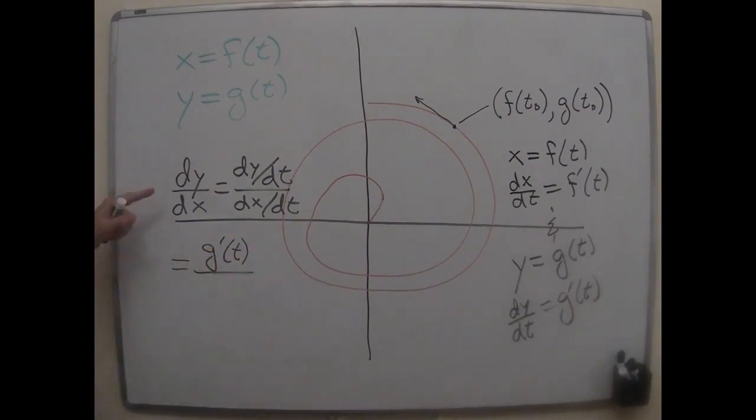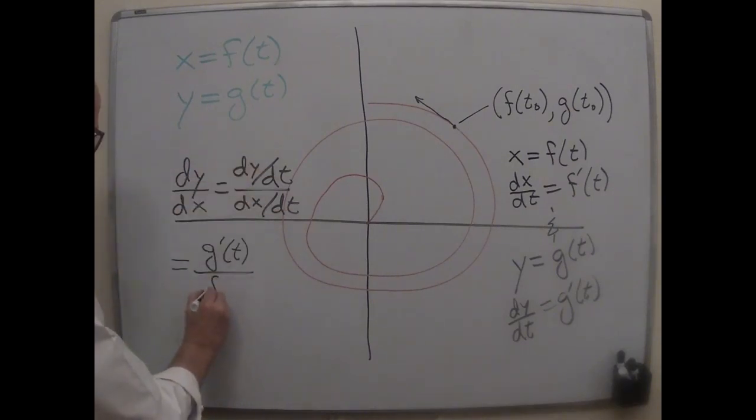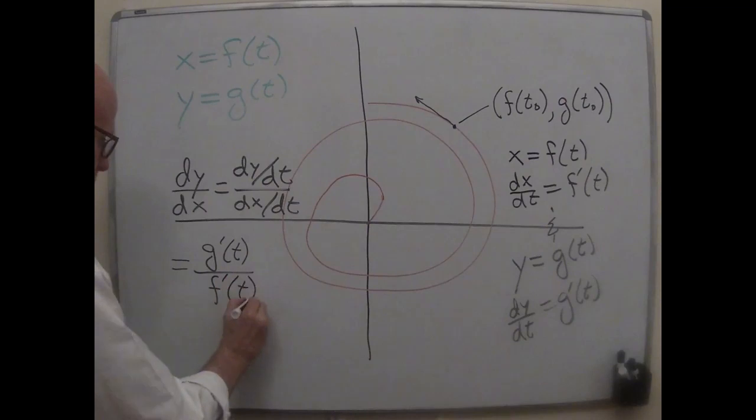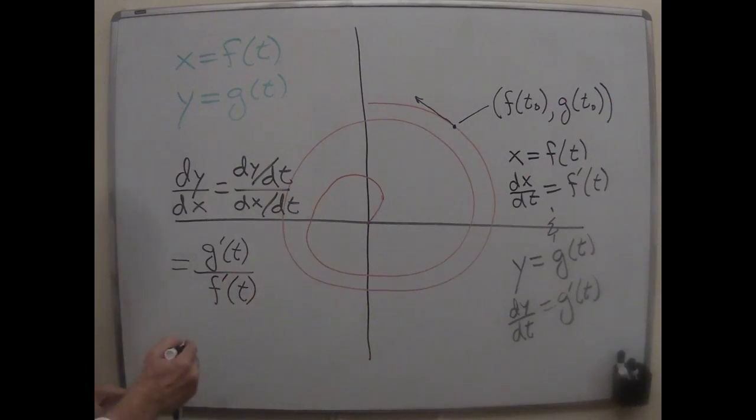And dx/dt, the bottom of this, is something we know. It's f prime. So yeah, you can find the slope by doing what I think a lot of people wish the quotient rule was. You take the derivative of the top, you take the derivative of the bottom, that gets you the slope. You just literally compare them.